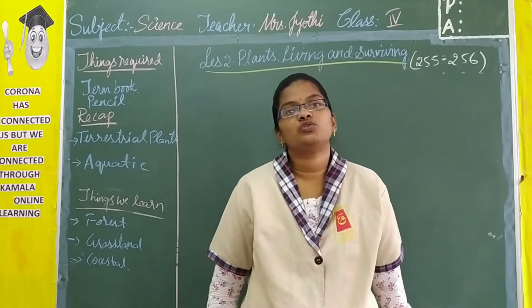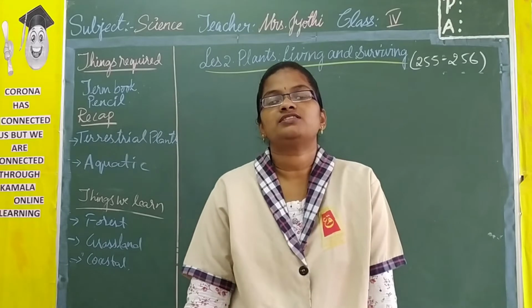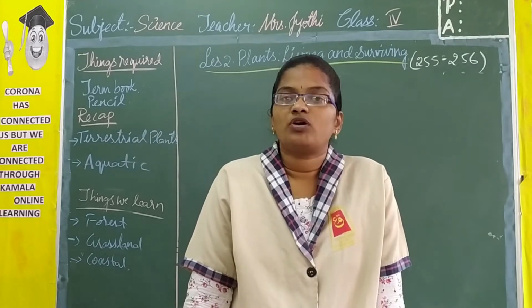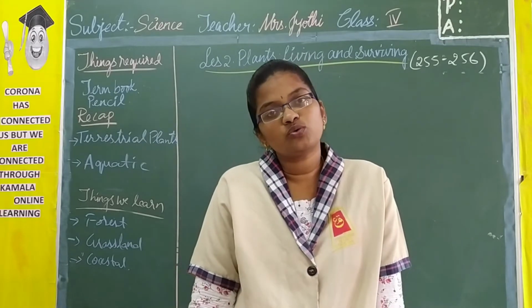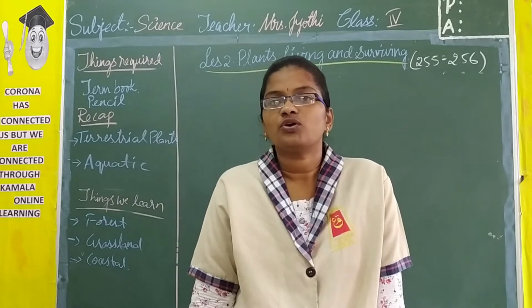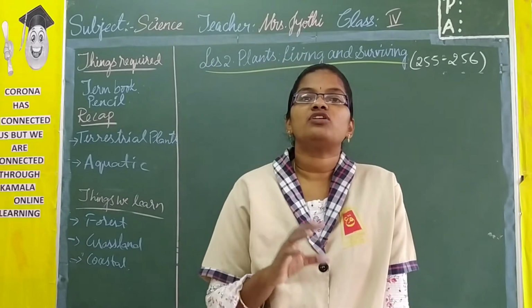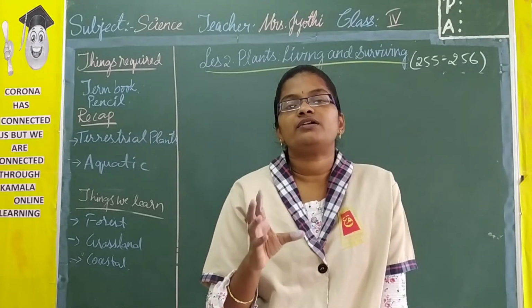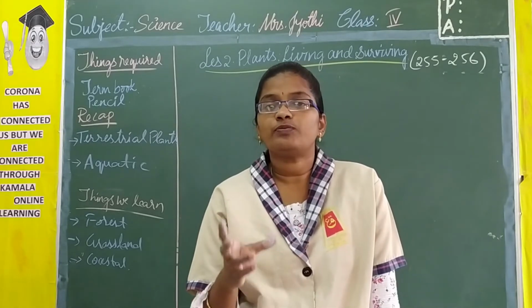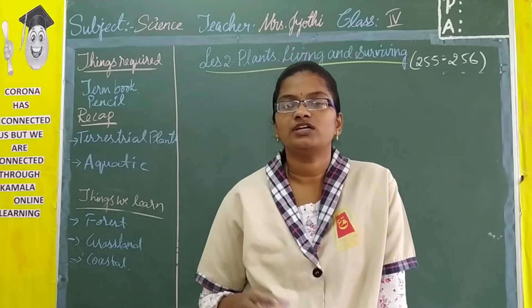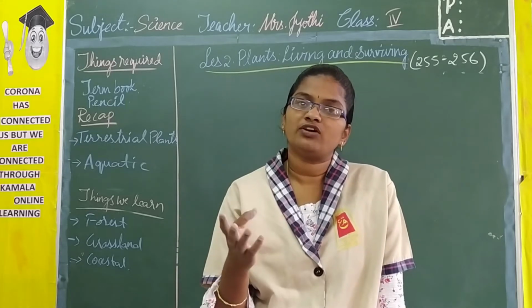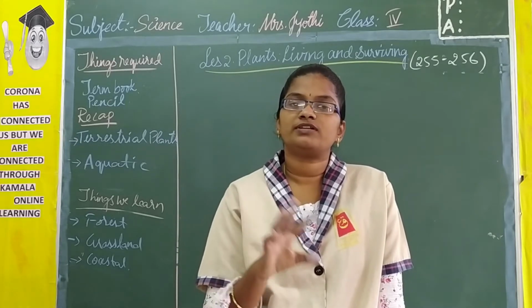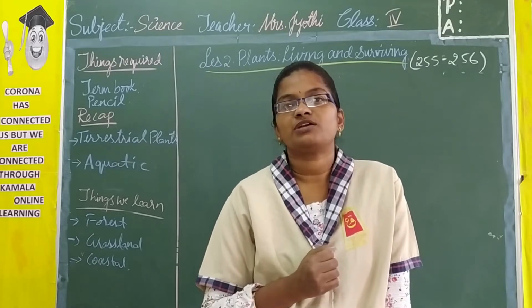Then plants which grow in plains. Plains have a very moderate climate, not too hot or too cold. The rainfall is also not too little; average rainfall will be there, and few places receive heavy rainfall. Based on the quantity of rainfall, it is divided into 2 types.